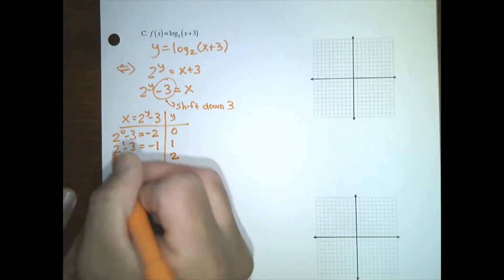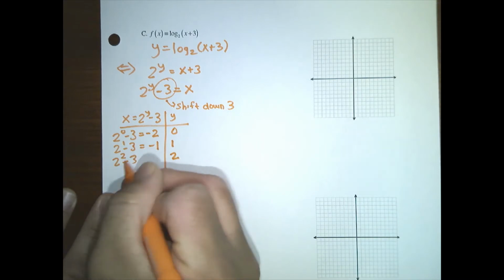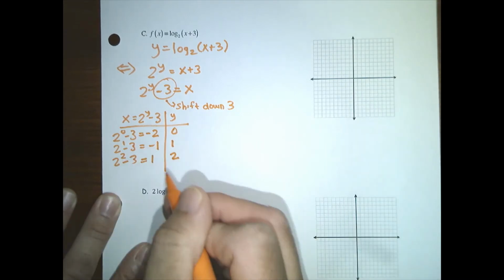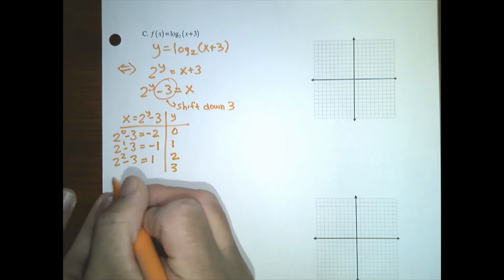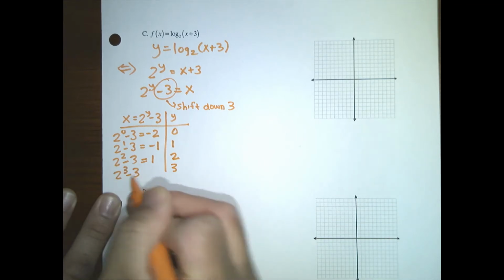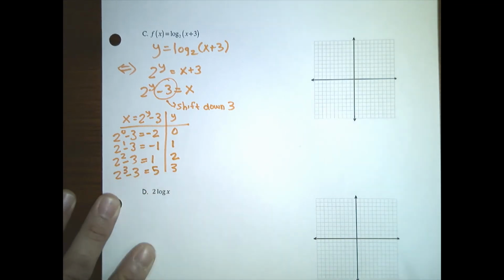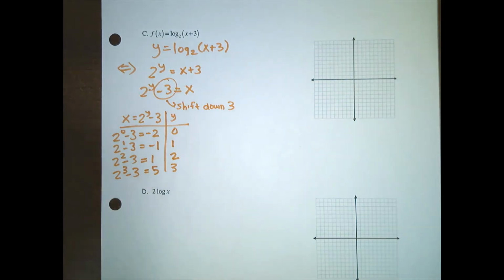If I pick 2, I have 2 to the second minus 3. 4 minus 3 is 1. And if I pick 3 even, 2 to 3 minus 3 is 8 minus 3, 5. I feel like that's enough for me to tell what is going on here. So I'm shifting 2 to the y down 3, just so that you're all aware of what is going on.